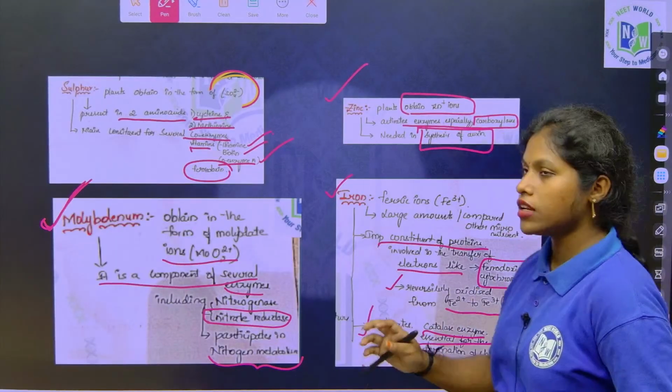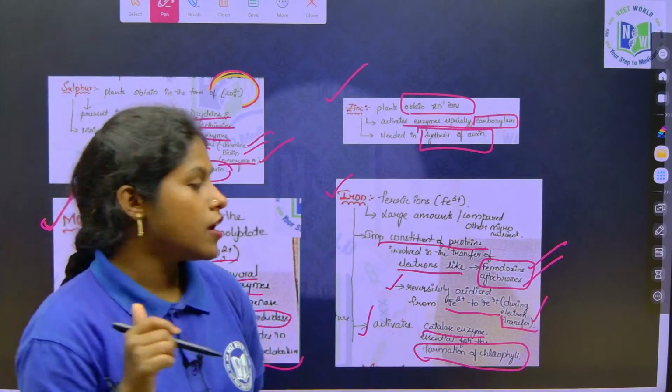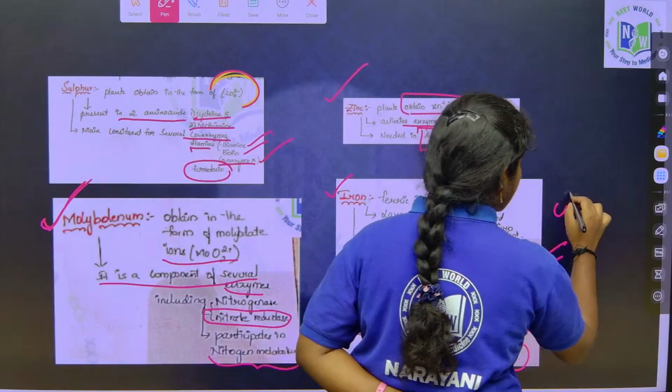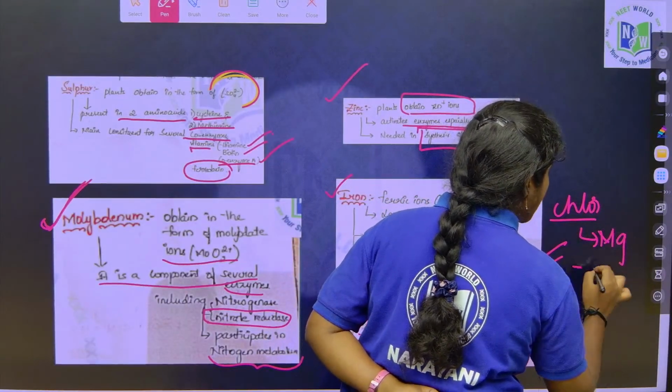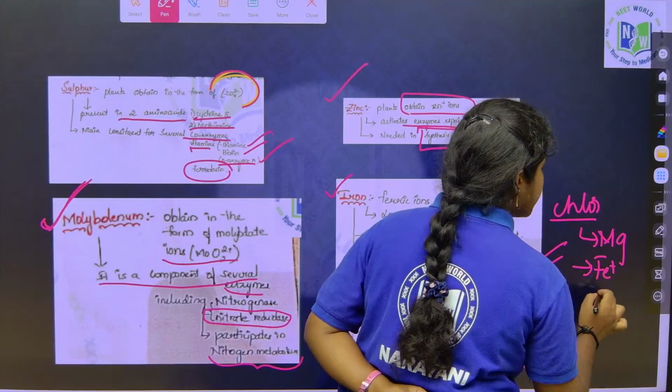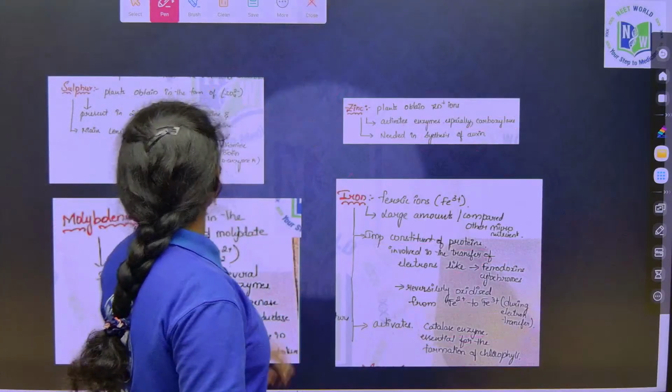For the functional activation of chlorophyll, iron acts as a main element. For chlorophyll, magnesium is also required, and for the functional activity, iron is also one of the main elements. Okay, students, coming to the next question.